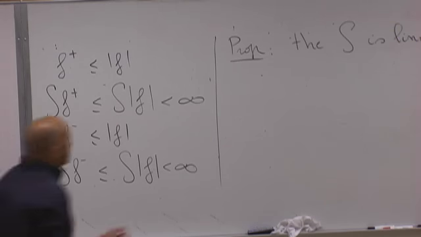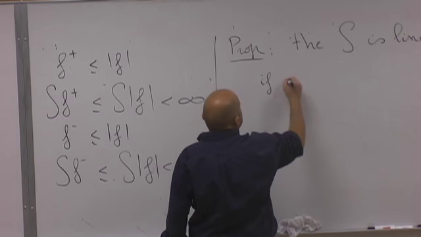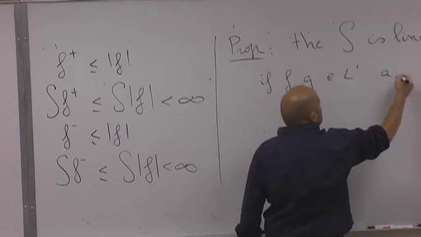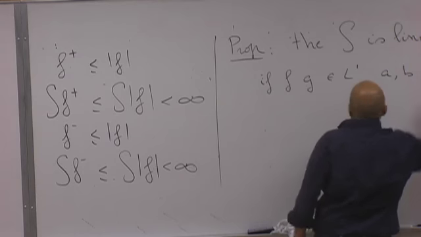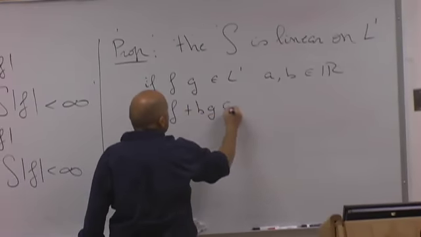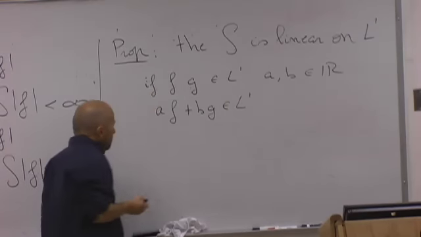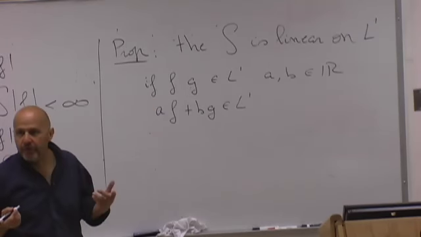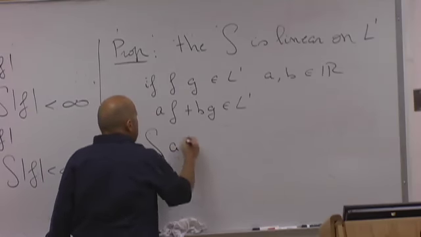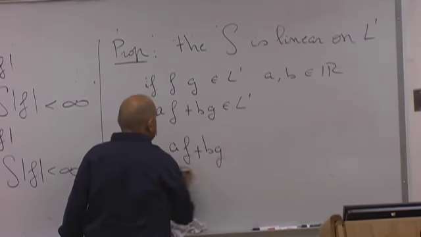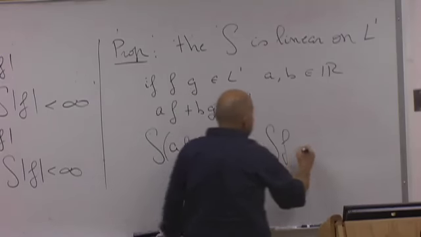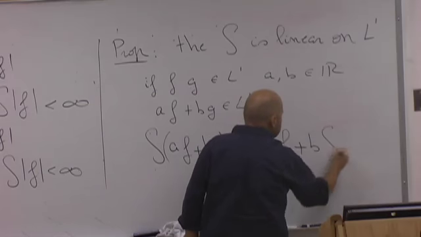You can just write this: if f and g belong to L1 and a, b belong to R, then af plus bg belongs to L1. And you can show that by using the triangle inequality, for instance. And the integral of af plus bg is a times the integral of f plus b times the integral of g.